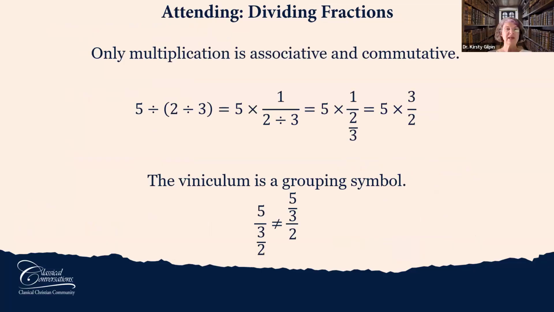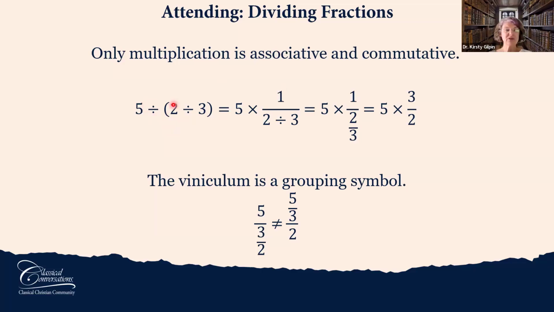Okay, so let's attend when we're dividing fractions. So remember, multiplication is associative and commutative. Division is not. So if I had 5 divided by 2 divided by 3, I cannot reassociate this and say 5 divided by 2 divided by 3 with different grouping. I cannot commute this and say 5 divided by 3 divided by 2.